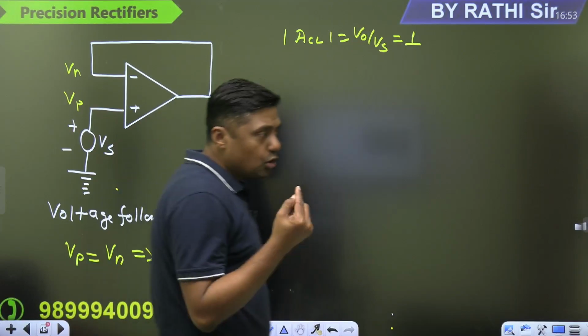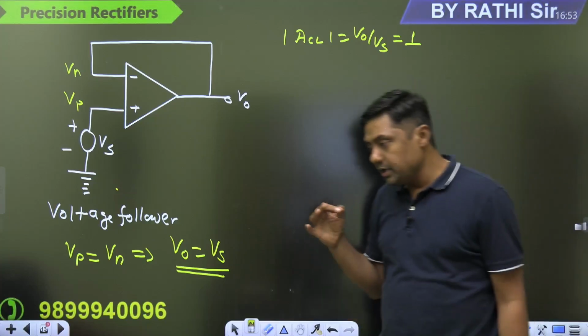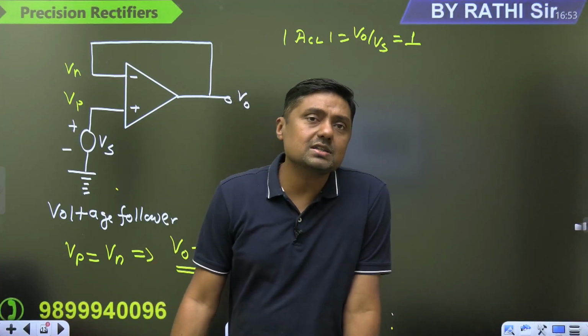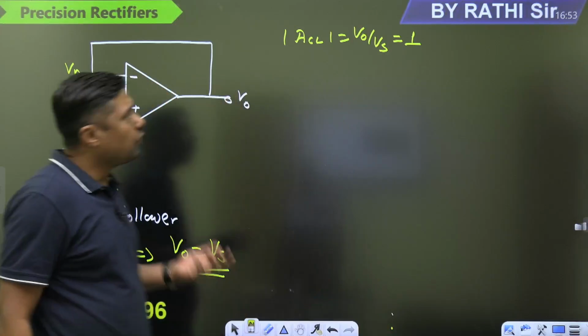If the closed loop gain is 1, it means the output voltage is exactly a replica of the input voltage. That is called a voltage follower.